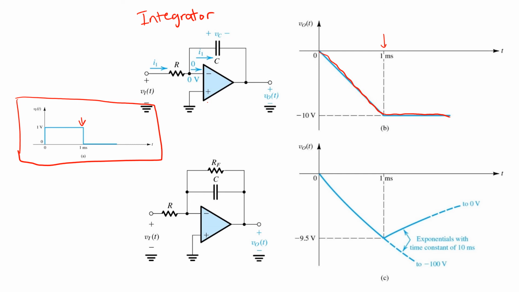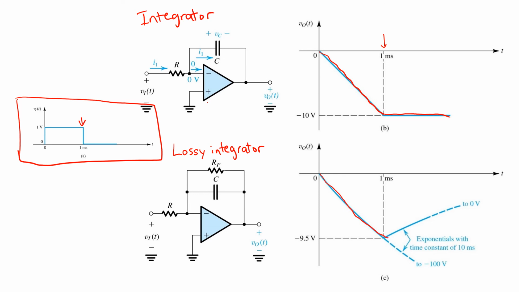By contrast, let's think about what happens with the lossy integrator. It doesn't perform a perfect integration when the input is at 1 volt here.